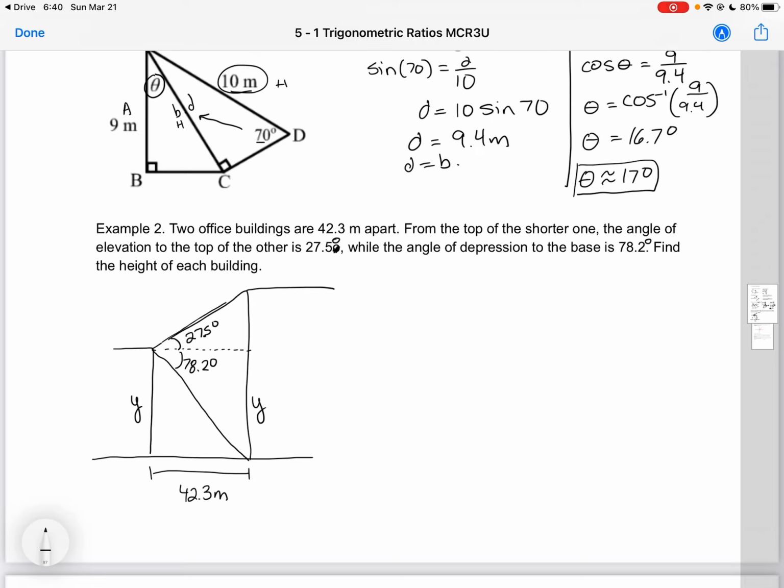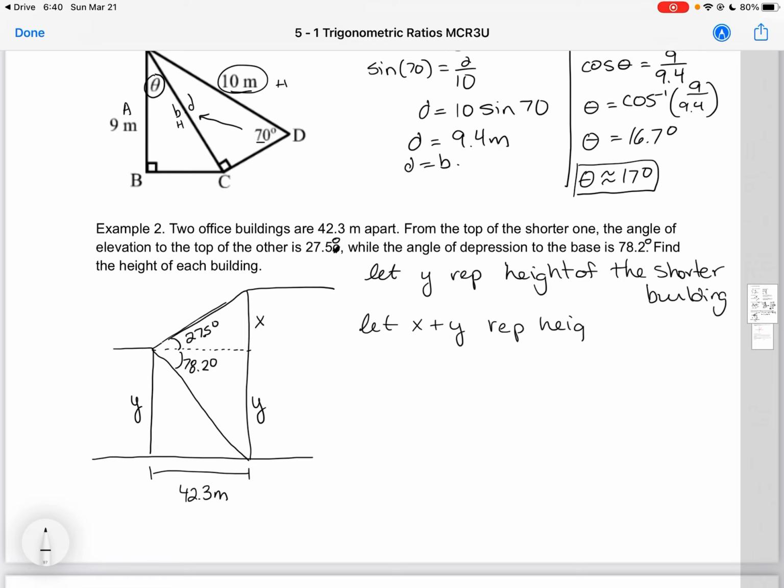So y, and I'm going to represent this as x, and then I'm going to define my variables. So let's let y represent the height of the shorter building. And then we will let x plus y represent the height of the taller building.